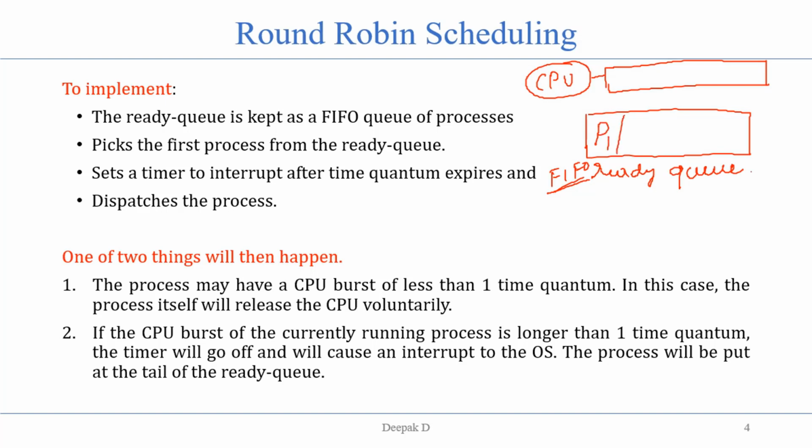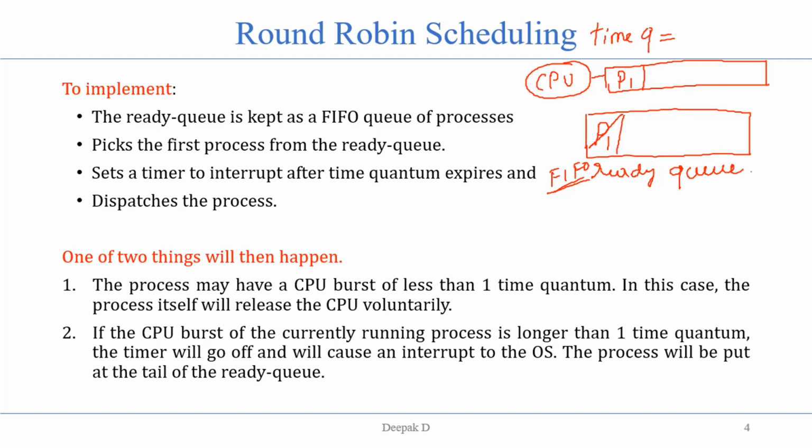Once P1 has arrived, if the CPU is available, the process P1 is taken from the ready queue and given for execution. How much time will be spent by the process in the CPU? It mainly depends upon the time quantum that has been specified.